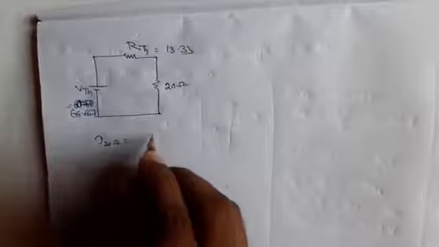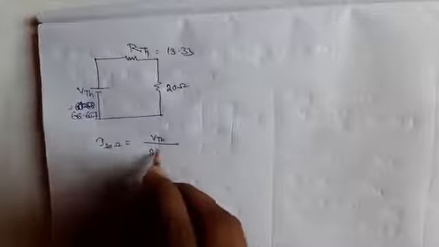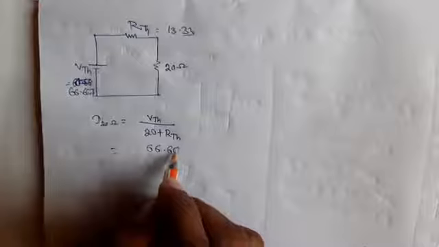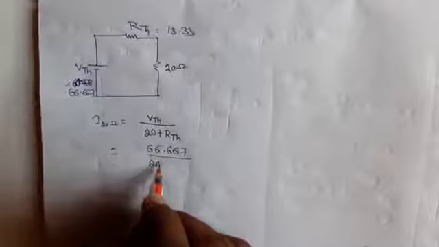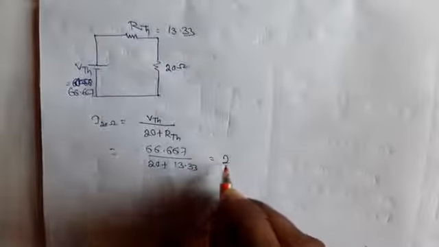We need to find the current in the 20 ohm: I equals VTH divided by 20 plus RTH, which is 66.667 divided by 33.33, equal to 2 ampere.